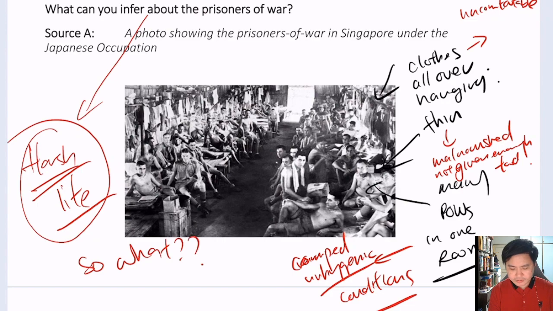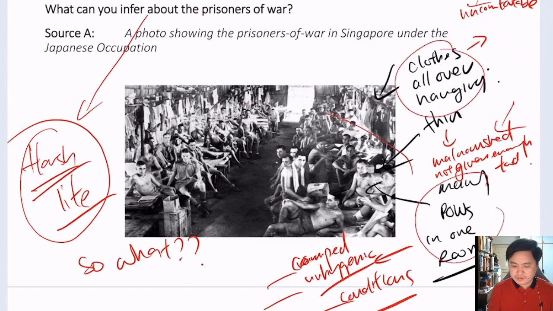So what if you see all these things? Well, because I see all these things, therefore I know that it is harsh as it's cramped, they are unhappy, they are in unhygienic living conditions, they are malnourished, and they live very uncomfortably. Where did you get all these extensions from? Where did you get all these causal links from? I got it from the evidence that I saw. And from this evidence, it all links back to my main inference, which is therefore there is a harsh life.